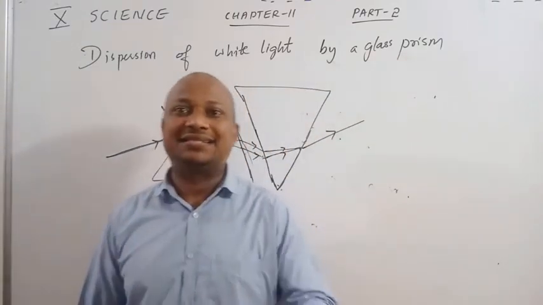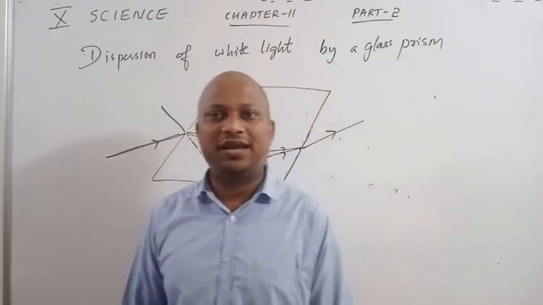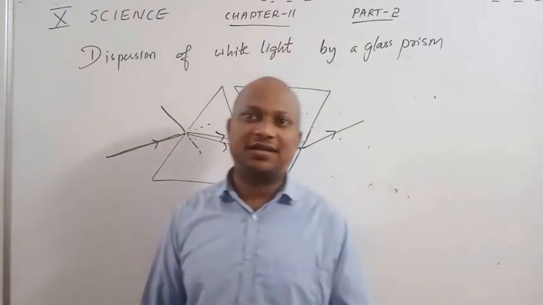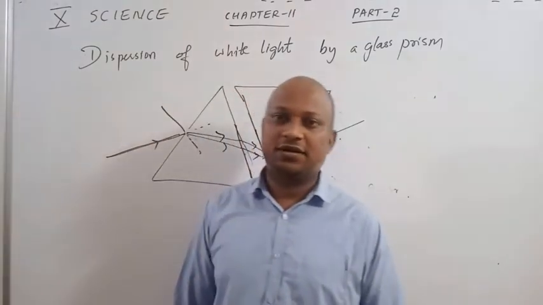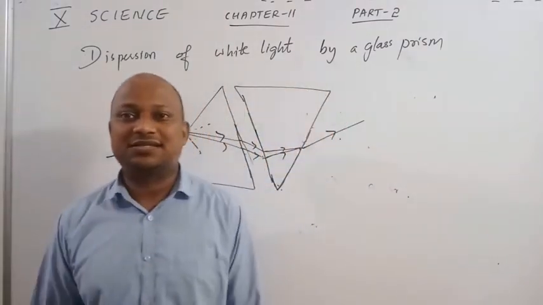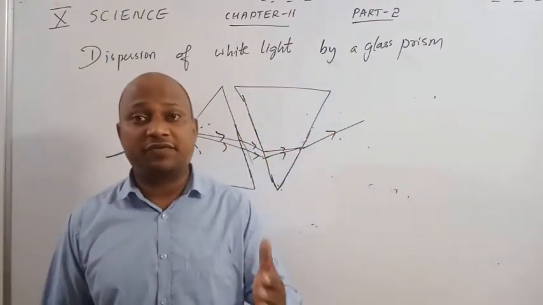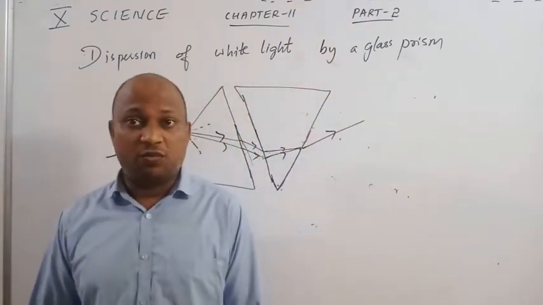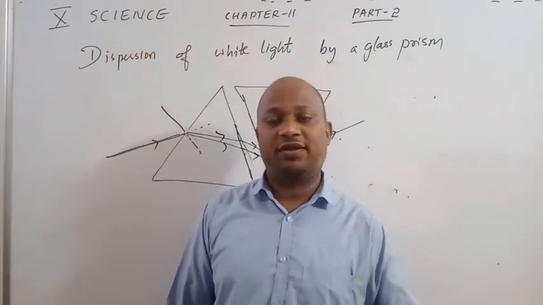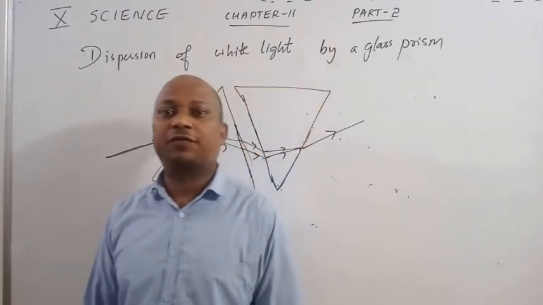The white light contained 7 colors. So earlier it was never thought that how come this white light has colors? White light is white. It consists of different frequencies, different wavelengths. So white light is not a single frequency. White light is not a single wavelength. It is a mixture of few wavelengths.